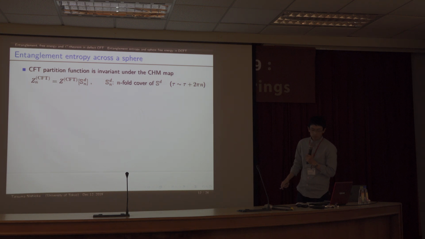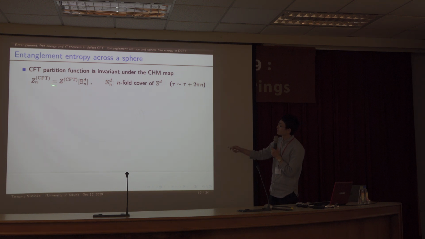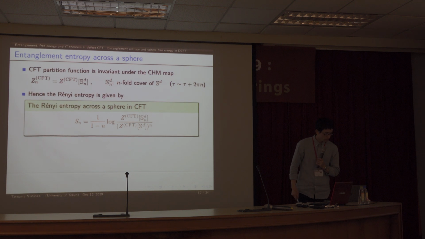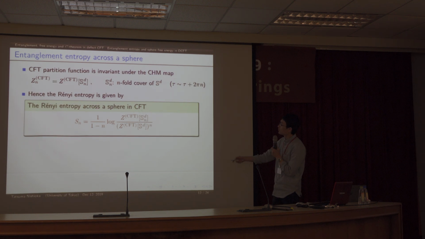But if there is an anomaly, then you also have to take into account the conformal anomaly under the map. But anyway, the Renyi entropy ends up with this form. So the Renyi entropy across a sphere in CFT is given by just computing the CFT partition function on the Euclidean sphere.